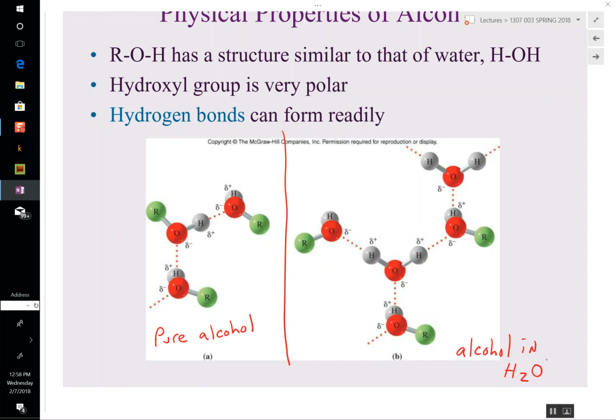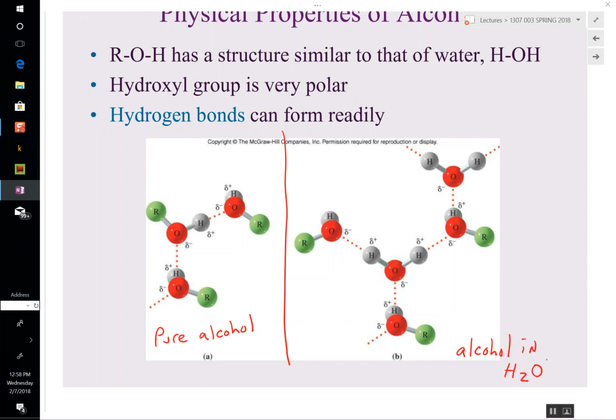Jennifer, could you turn the front light off for me, please? Thank you. Okay. These are very different from alkanes and alkenes. Remember, alkanes and alkenes were nonpolar. Alcohols are polar. Why are they polar? Because the OH bond is polar. Electrons are attracted to the oxygen strongly enough that the hydrogen appears somewhat positive and the oxygen appears somewhat negative. It's not an ion.